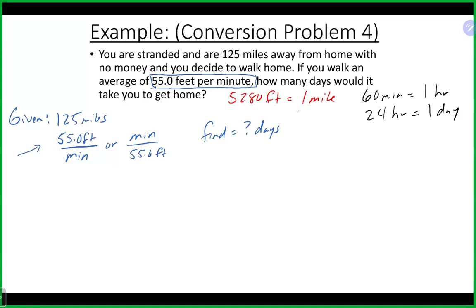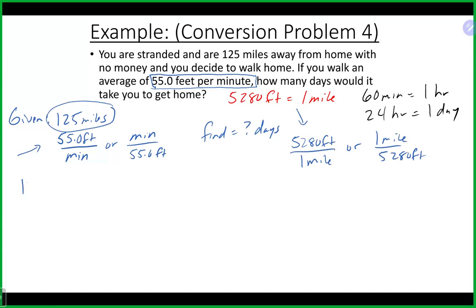So we could use this equality here to do that conversion. That equality will give us our two conversion factors of 5,280 feet in 1 mile. Our 1 mile is 5,280 feet. Again, like I mentioned earlier, most of the time just go with the thing that has one unit. It's a good place to start your calculation.